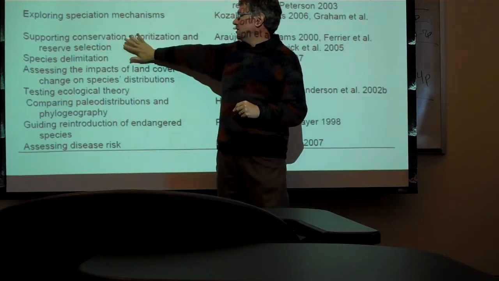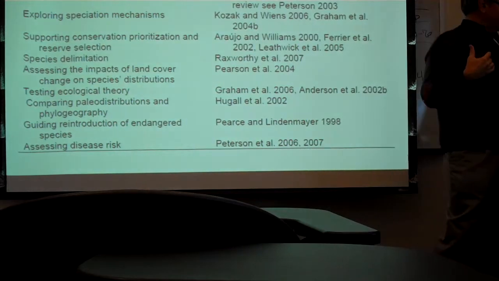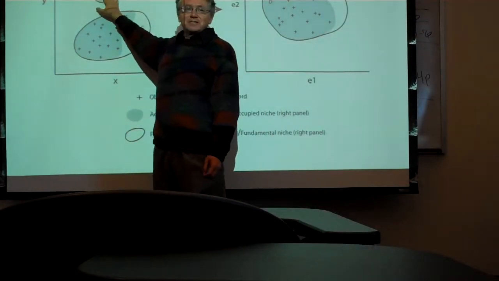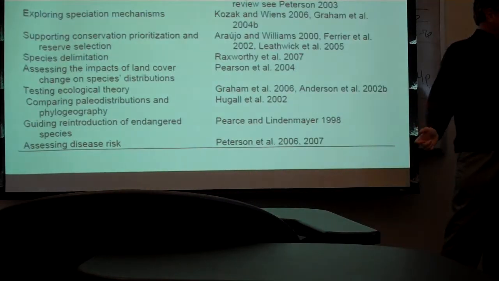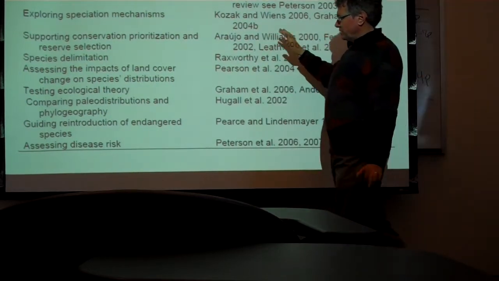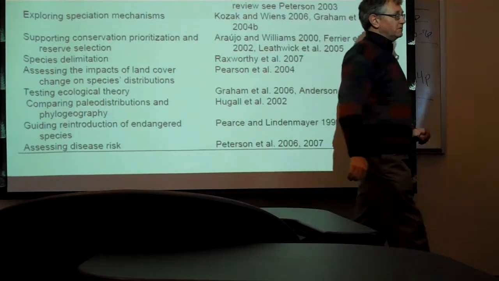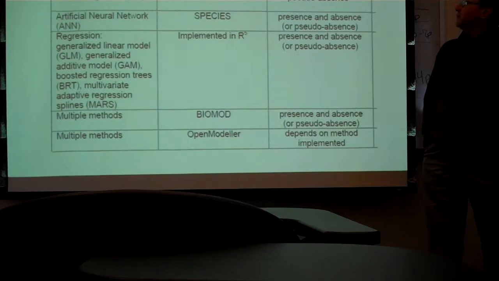Also helping with reserve selection, so identifying areas that, even if we don't go look for the species there, might be a good potential reserve site. And where to do reintroductions, so identifying good potential sites for reintroductions and so forth.